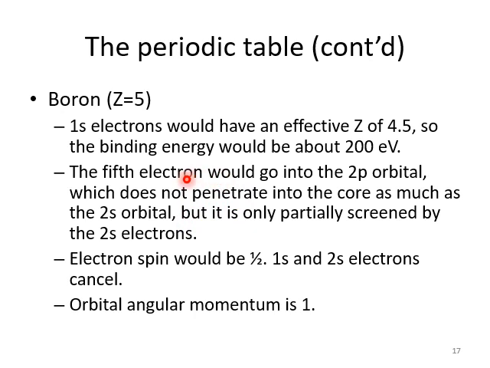So this outermost electron sees a nuclear charge of about 1, but maybe a little bit more because it does have some portion of its wave function that penetrates into the core. The electron spin would be a half, and remember the 1s and 2s electron spins cancel, so the total spin of the system would be 1/2, and the total orbital angular momentum for the system would be 1, because the s orbitals have no angular momentum.